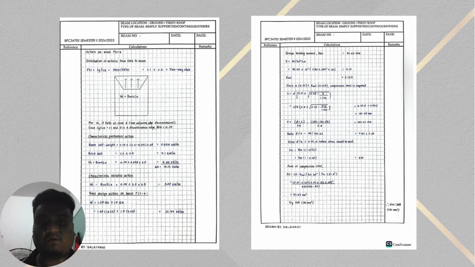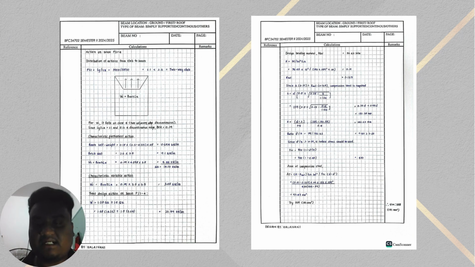One of the other important elements that we need to determine is the design bending moment, which is 6.43 kilonewton meter. After that, other elements that we need to determine are the K value, the K bal value, the Z value, the X, the ratio d prime per X, and also the fsc value. And then we can move on to one of the most crucial parts in designing a beam, which is the area of compression steel reinforcement.